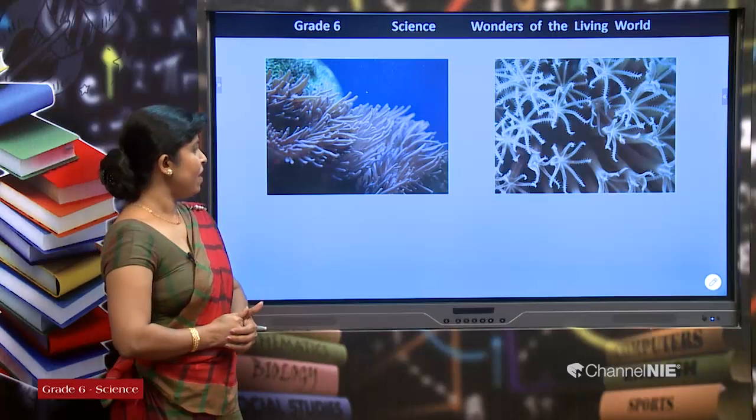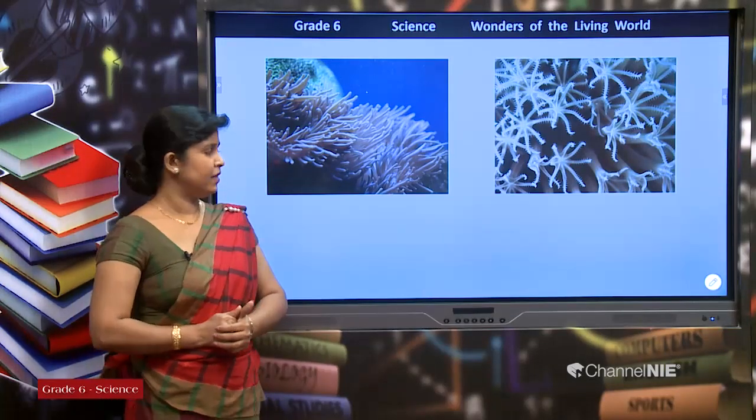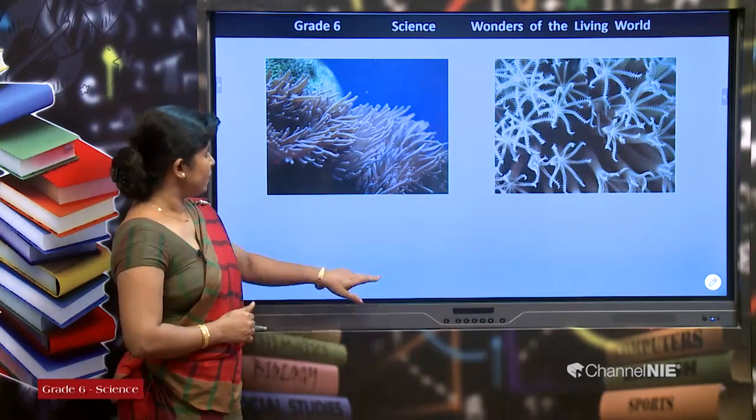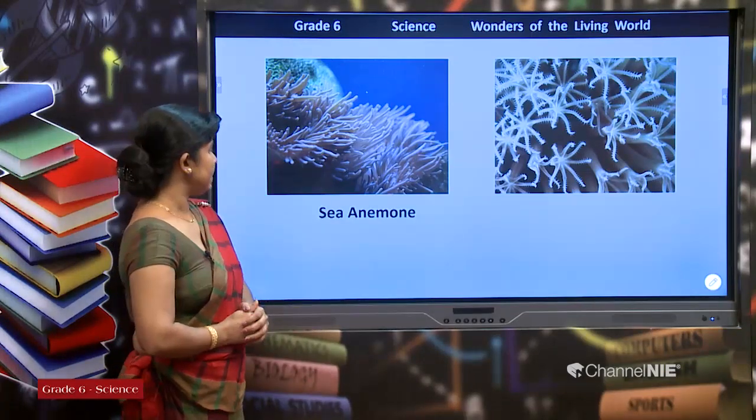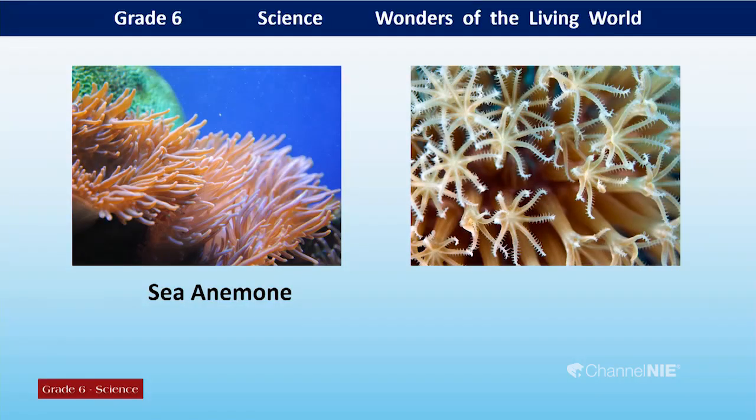Right. Have you seen these pictures? Yes, you may have. First picture is sea anemone living in the ocean. In marine environments we can find sea anemone. Then coral polyps, right. There are two varieties of organisms. First one is sea anemone, second one is a coral polyp.